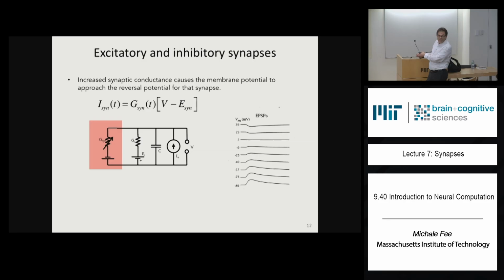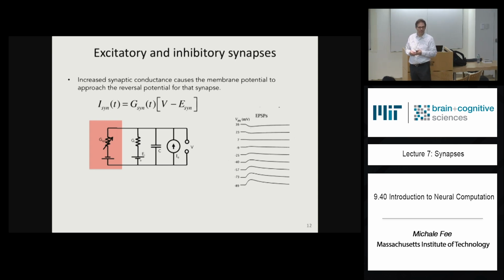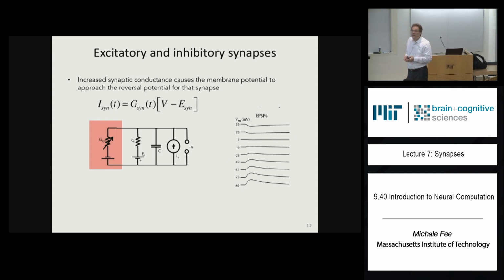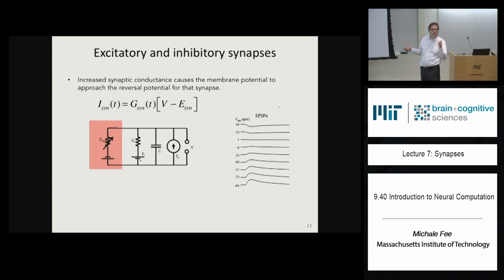Then the neurotransmitter unbinds, the current stops, and this other thing brings the cell back down to its starting point. This other thing is kind of holding the cell at some hyperpolarized potential.